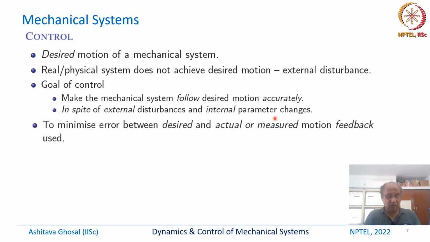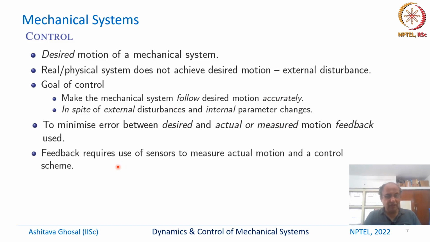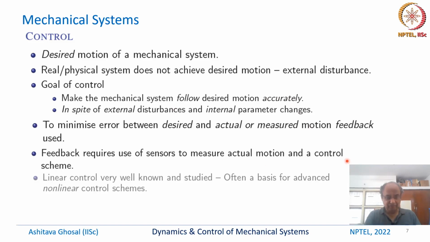So the goal of control is also to minimize the error between the desired and actual or measured motion. And to achieve this, we use this important notion of feedback. Feedback requires the use of sensors to measure actual motion and a control scheme. Most of the time we will use linear control schemes because this linear control scheme is very well known and studied, and it's also a basis for advanced nonlinear control schemes.